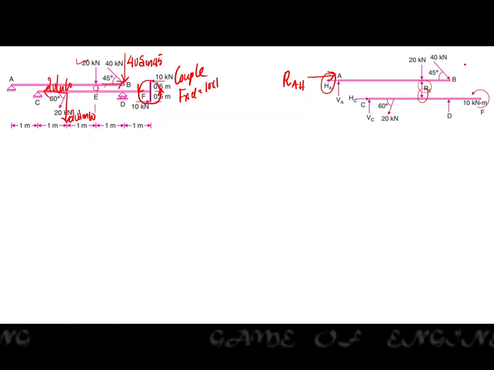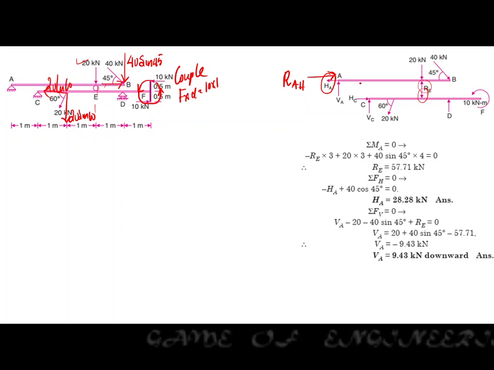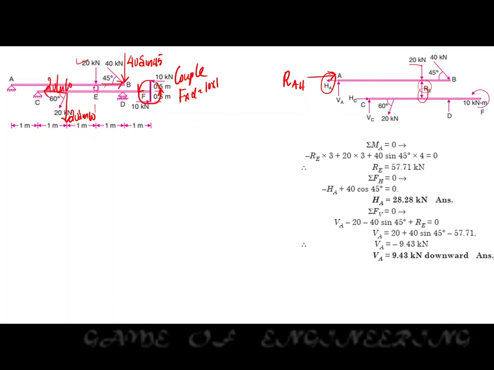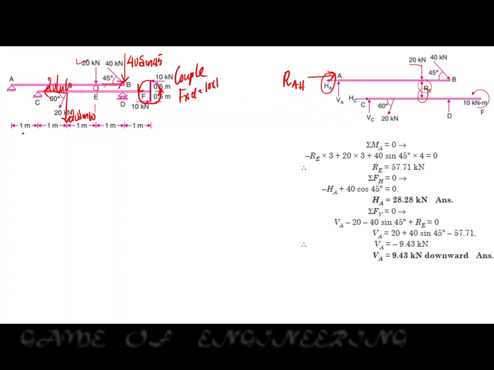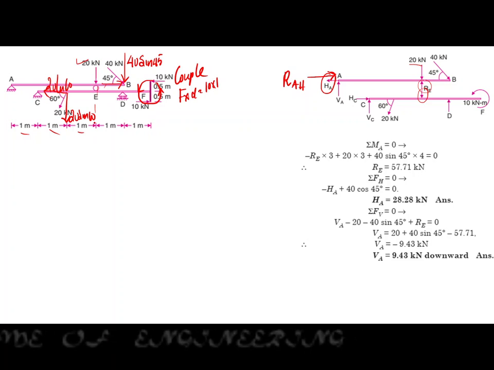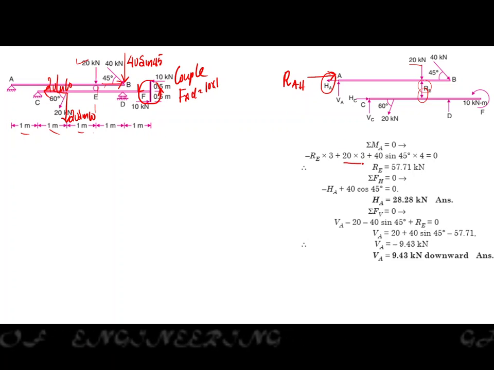First of all, we will take the moment with respect to point A. While taking the moment, the first force is 20 kilonewton, acting at a distance of, as marked in the first figure, 1 plus 1 plus 1, so a total of 3 meters. So we will write 20 into 3, in a clockwise direction.